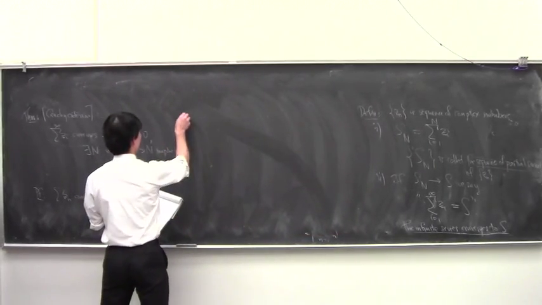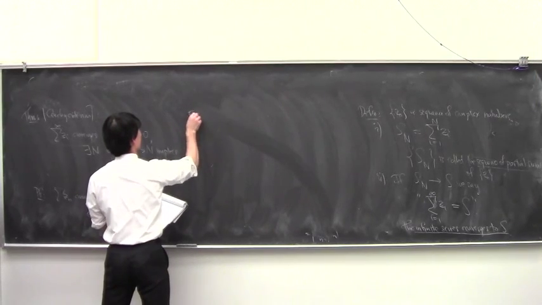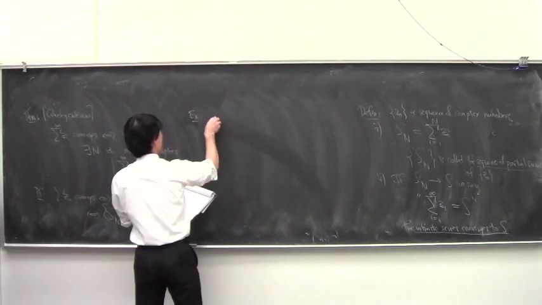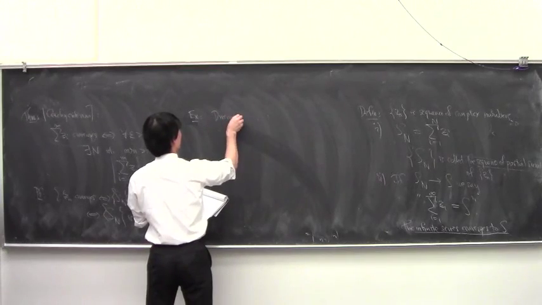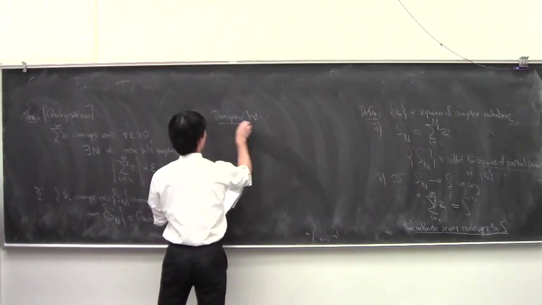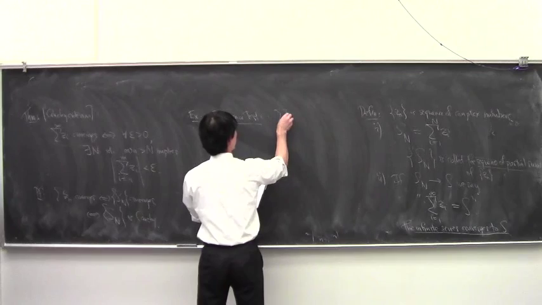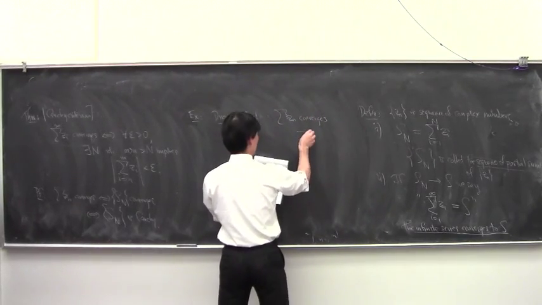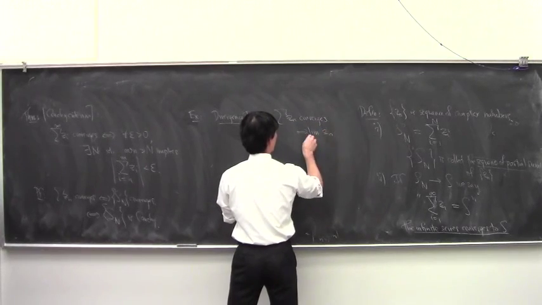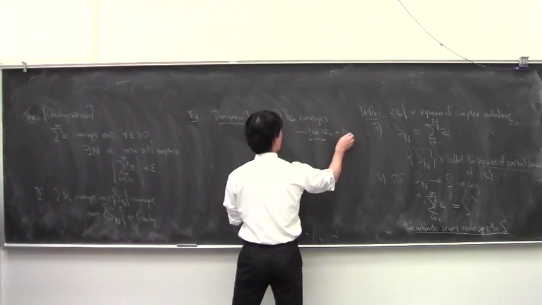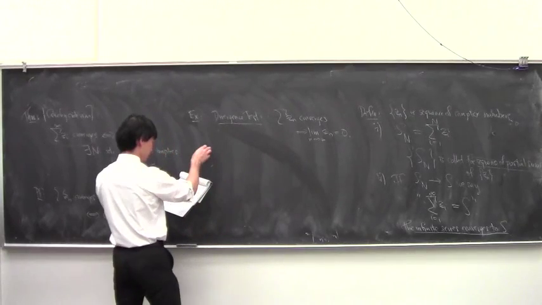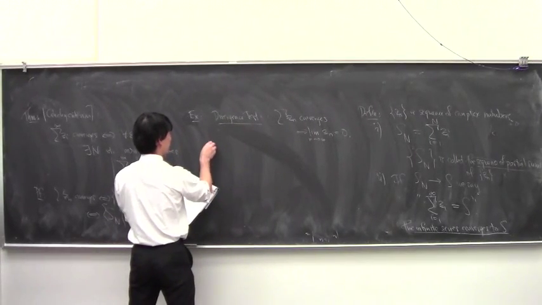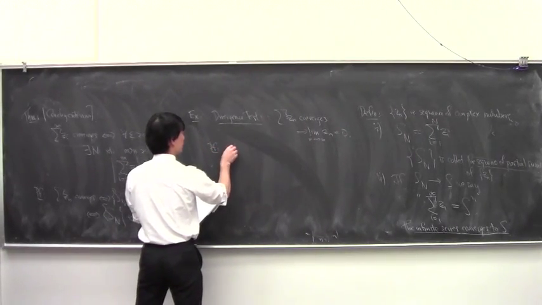For example, the divergence test. If a series converges, that means that the limit of the terms must be 0. Why?